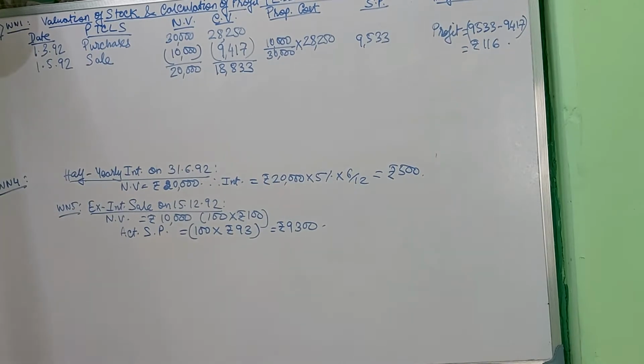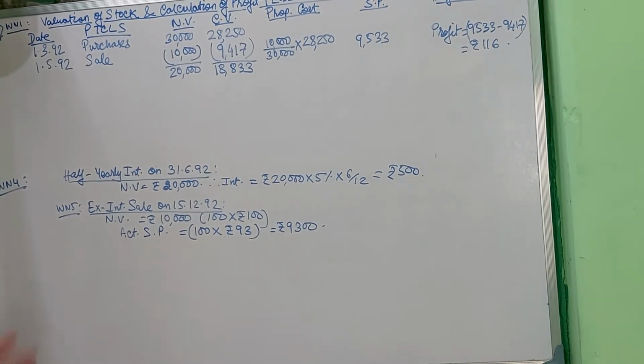For ex-interest, what will be the months? Starting from 1st of August, September, October, November, December. As 15, you should consider the full month. The books were closing maybe 20 days prior, maybe 11 December, but as the sale was done on 15 December, I think the books close on 15 December.